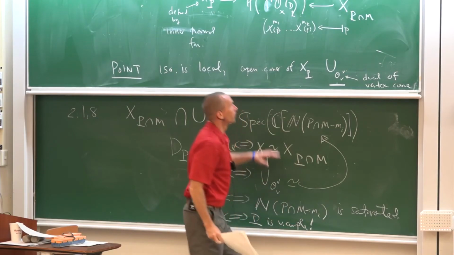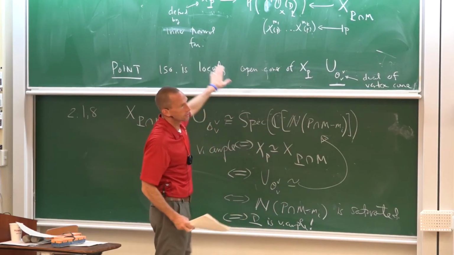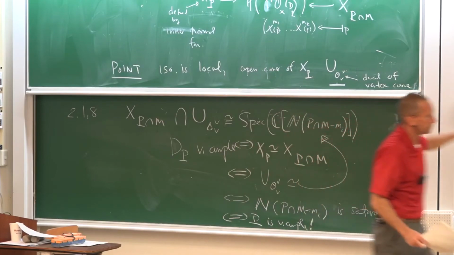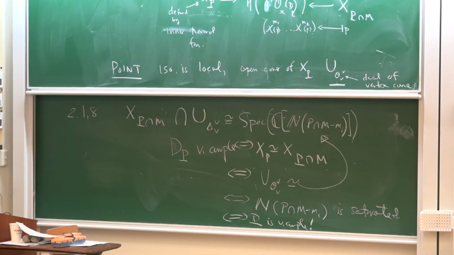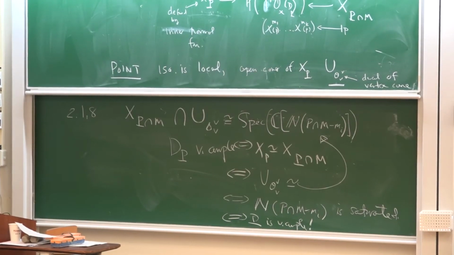So the condition, or actually I guess I just was doing the last part. So I did this part, is that we get an embedding. So D_P is a very ample divisor exactly when P is a very ample polytope. So what's great about this is exactly the way you'd like the definitions to line up.